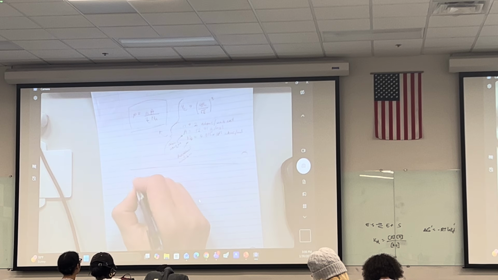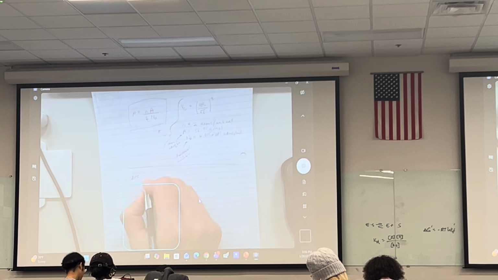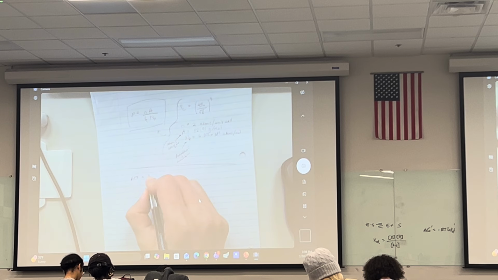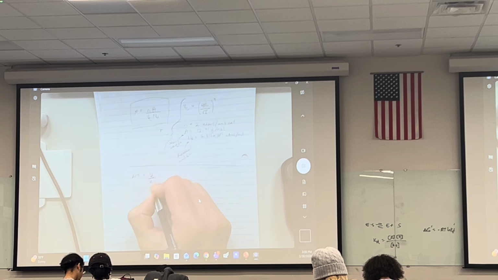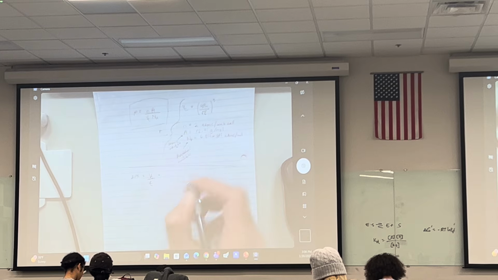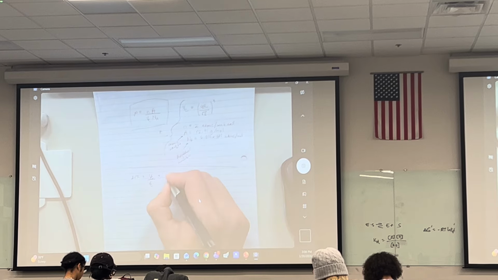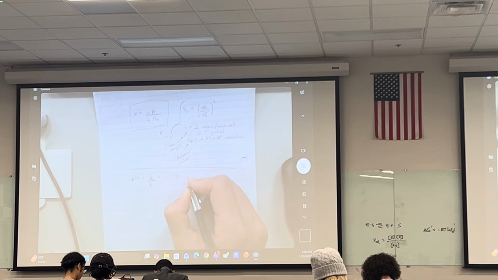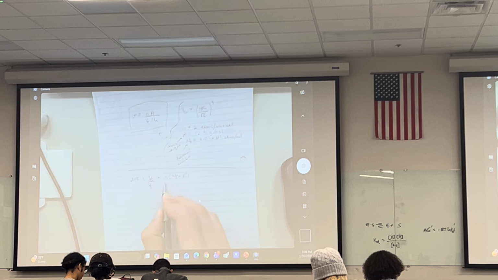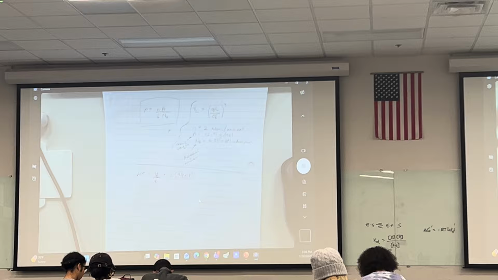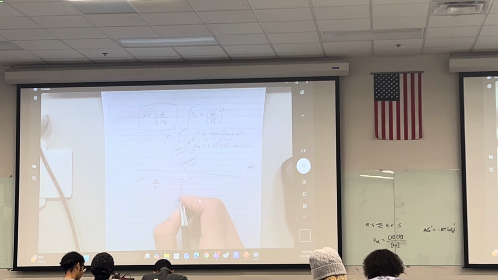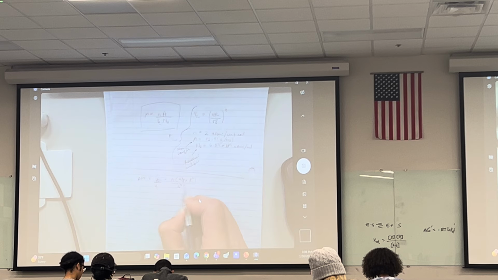Your atomic packing factor equation is just VS over VC, which is n times 4/3 pi times the radius cubed. And again, your VC is your volume for the cell, which is just a squared multiplied by c.